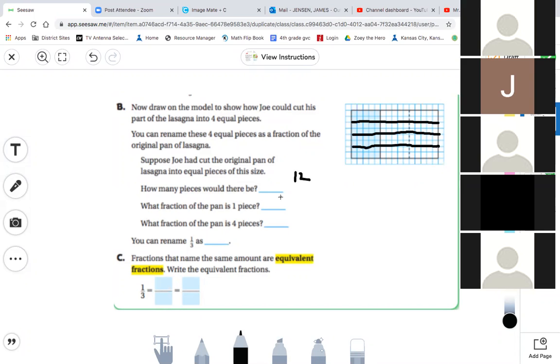And that one piece of those is 1/12. And then the whole part in blue would be 4/12. Well, that's ugly. So that tells us that 1/3 is the same as 4/12. Now watch this. Let's put them over here. So we know 1/3 is equivalent to 4/12.